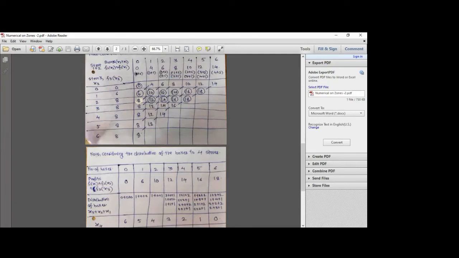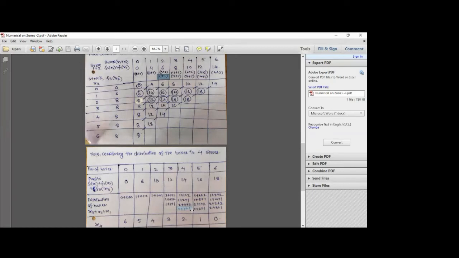For the second 14 value, the combination will be 2 plus 0 plus 2, and next it will be 2 plus 1 plus 1, right?